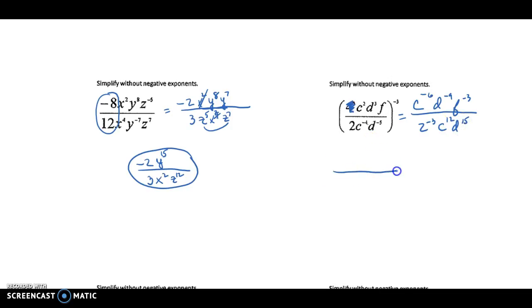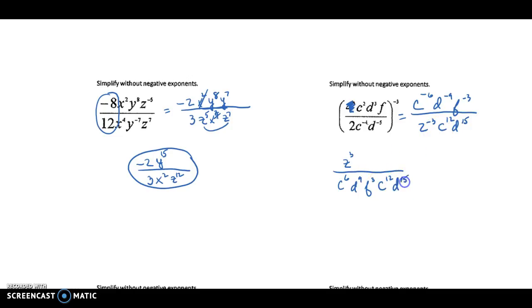And now my next step, get rid of the negative exponent. C to the negative 6 goes down. D to the negative 9 goes down. X to the negative 3 goes down. D to the negative 3 goes up. C to the 12 is going to stay down.